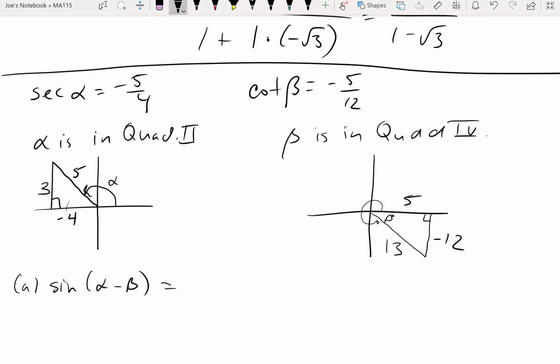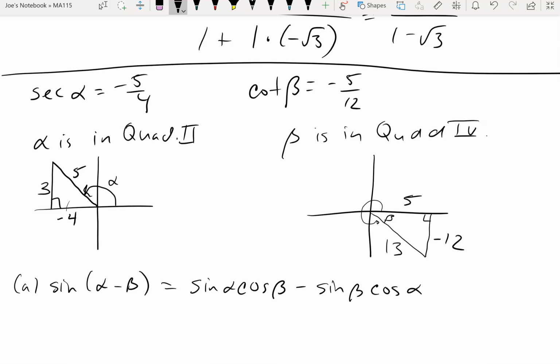How do we rewrite the difference? Okay, I need to do this part first, right? And then minus sine beta, cosine alpha. I need to rewrite it using the identity first, because I don't know what alpha minus beta is, because I don't know what the angles are. I only know what the secant of alpha is and the cotangent of beta is. So I need to rewrite this in terms of just a single alpha, a single beta, and so on down the line.